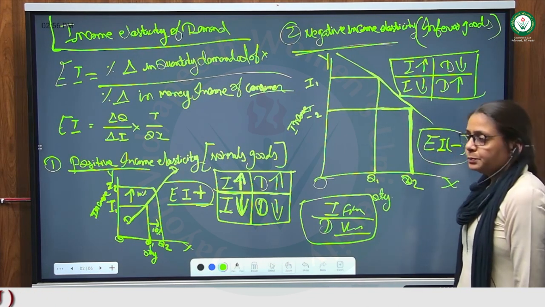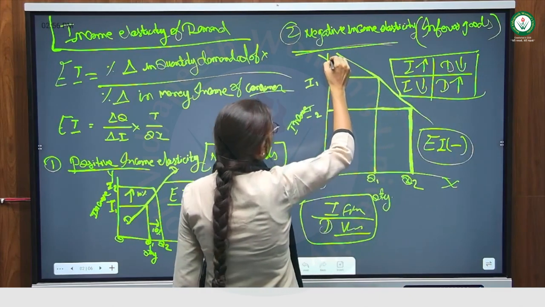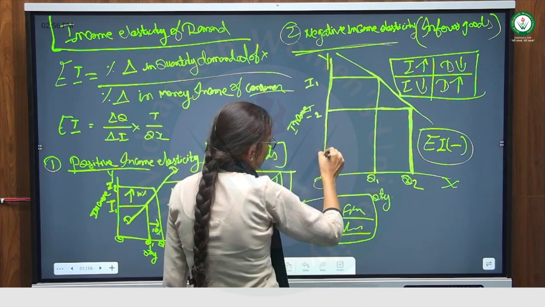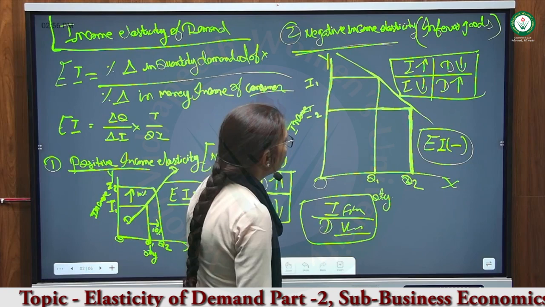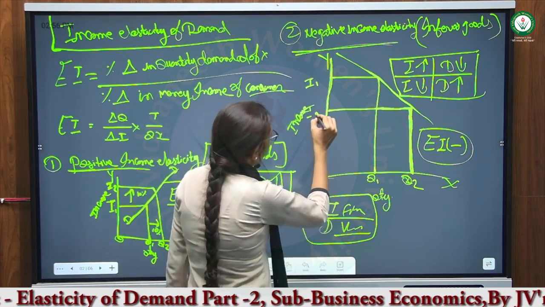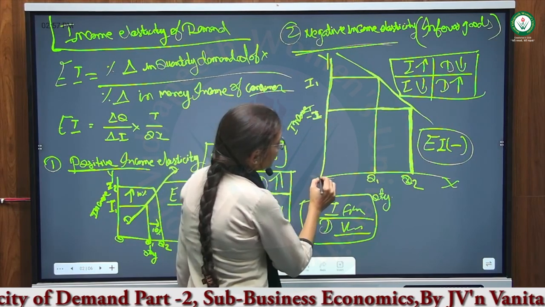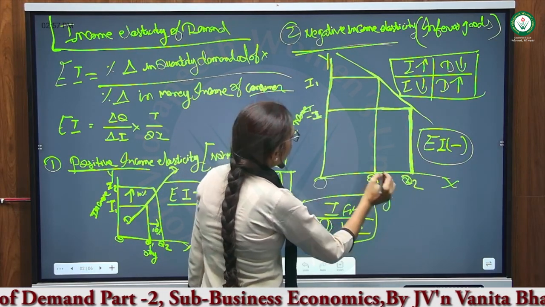For example, there is a consumer. This is the graph of a normal consumer. When his income is OI, he was demanding inferior goods OQ2 because his income is less.